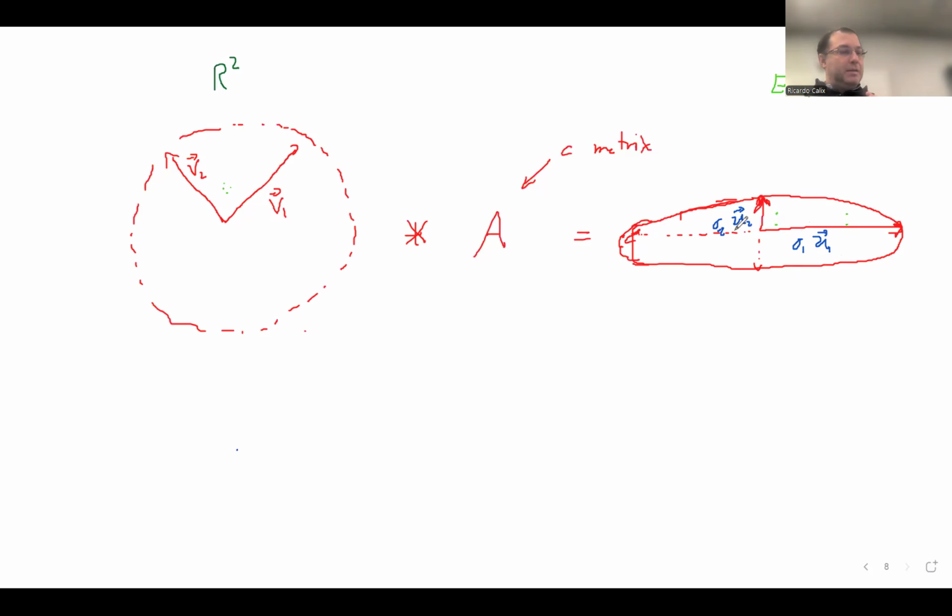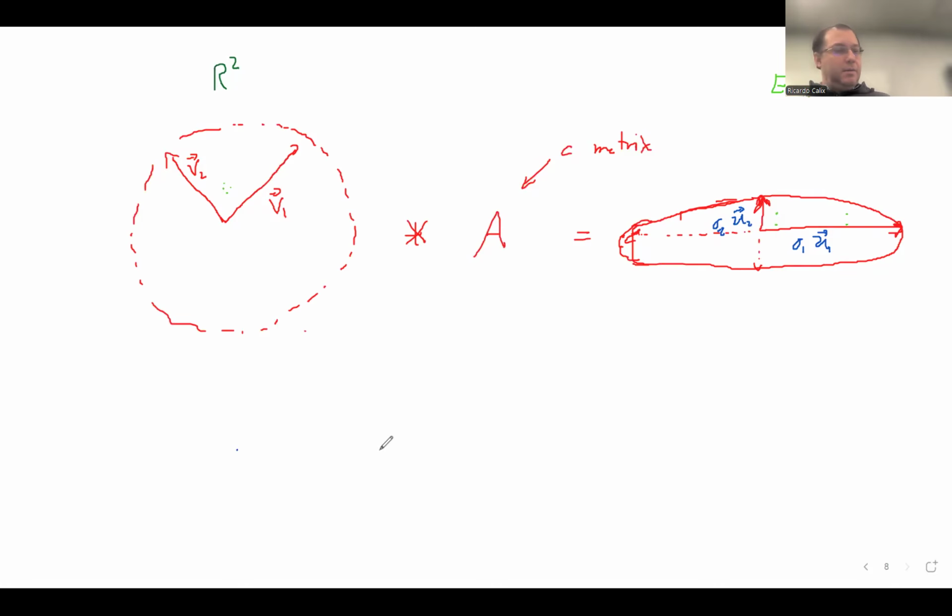This is pretty fundamental, okay? So σ2 and σ1 are the length or the stretching, and the other one is the rotation. Now we're going to formalize this a little bit more into an equation that's going to be really important for our derivation of singular value decomposition.